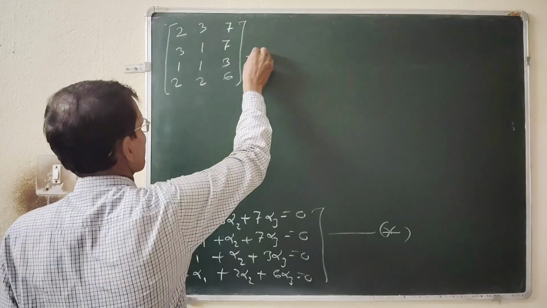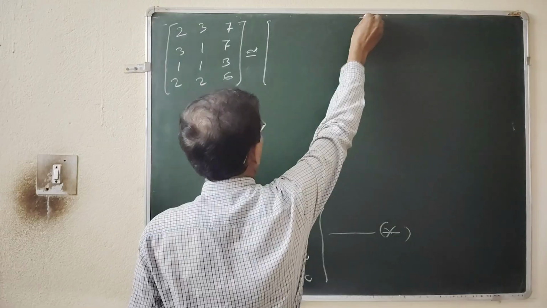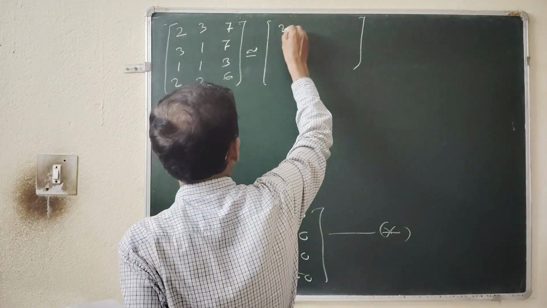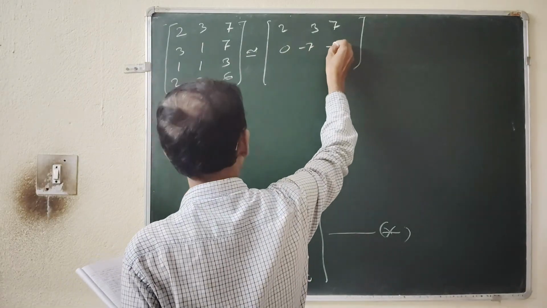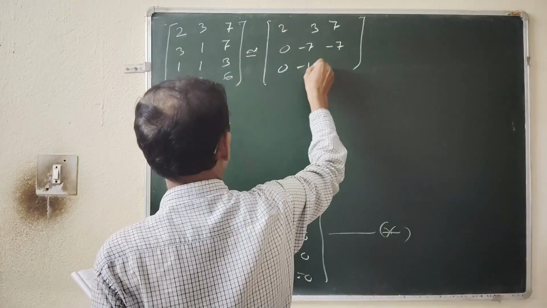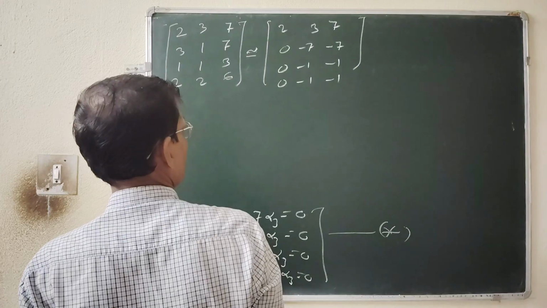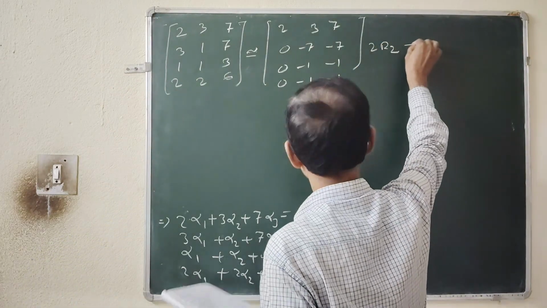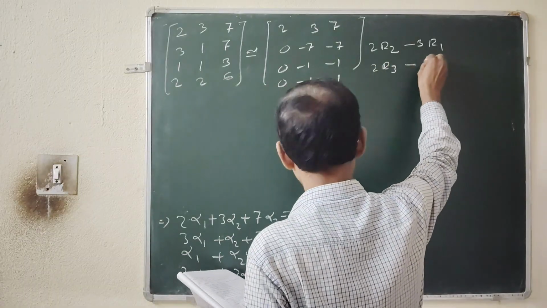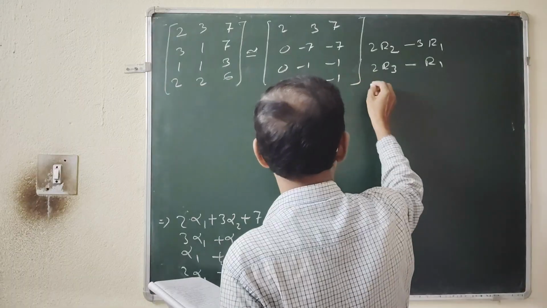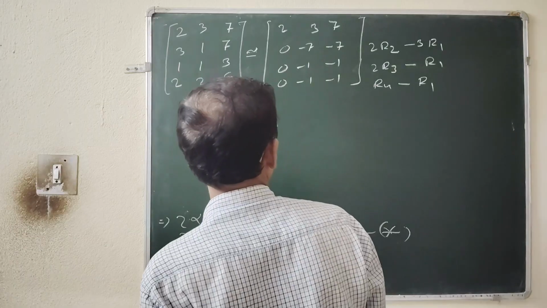So that is reduced to the new matrix as 2, 3, 7, 0, minus 7, minus 7, 0, minus 1, minus 1, 0, minus 1, minus 1 by the row operations: row 2 minus 3 row 1, this is for the second row, row 3 minus row 1, this is for the third row, and row 4 minus row 1, this is for the fourth row.